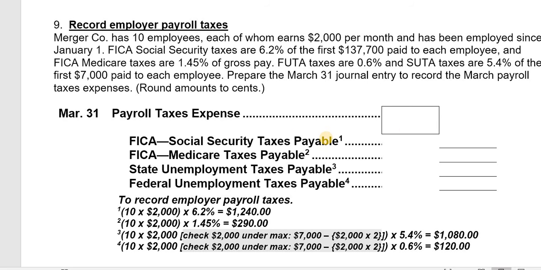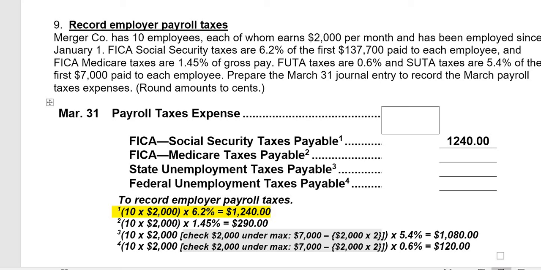So let's go. Social Security taxes payable. We had 10 employees times $2,000 times 6.2%, $1,240. How about Medicare?